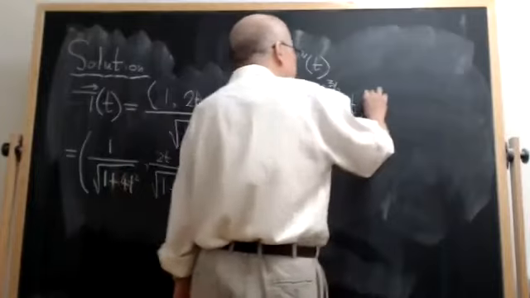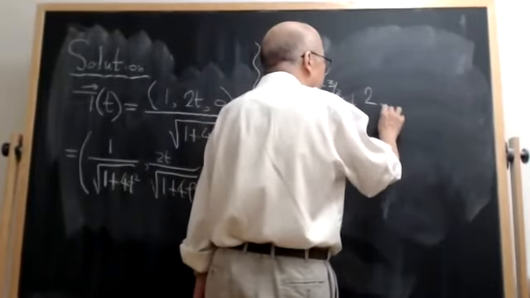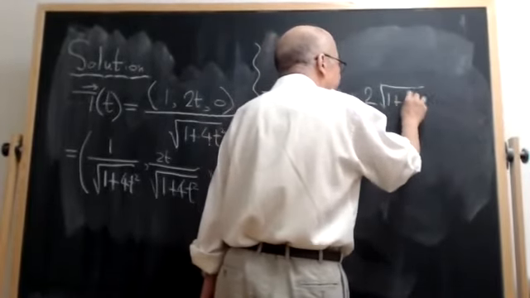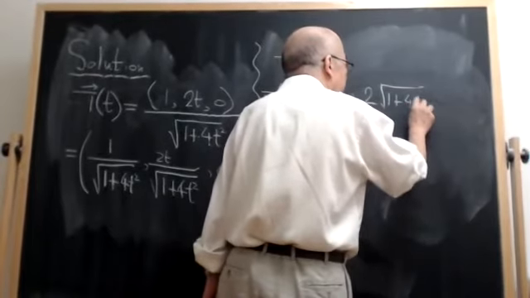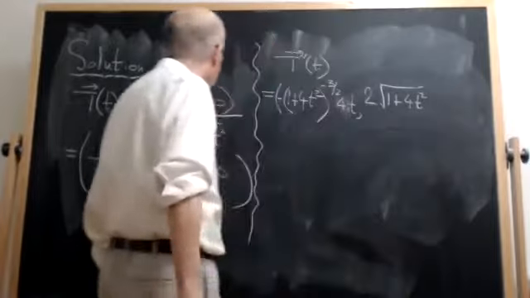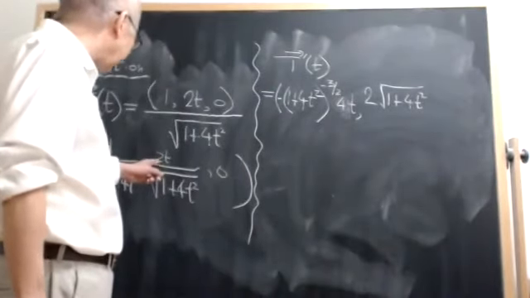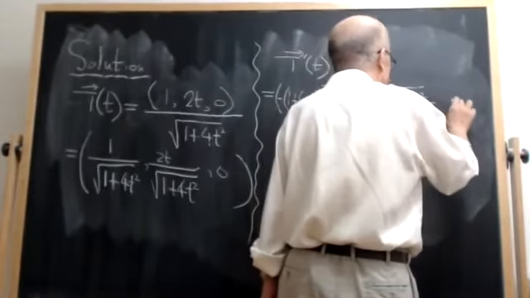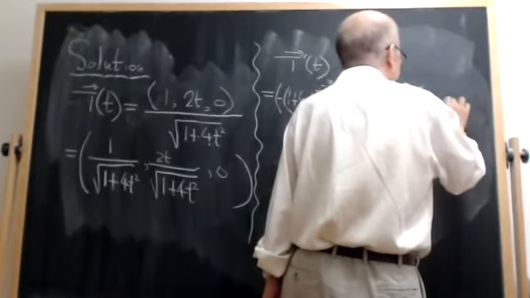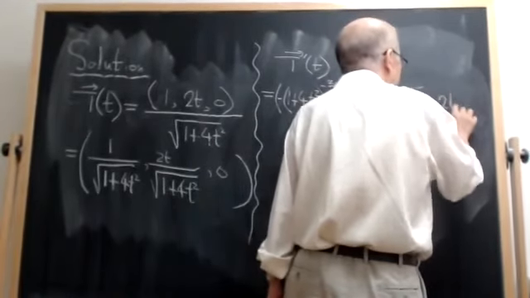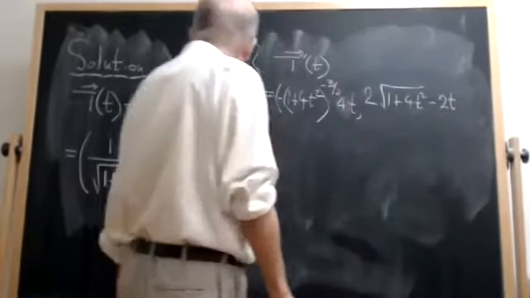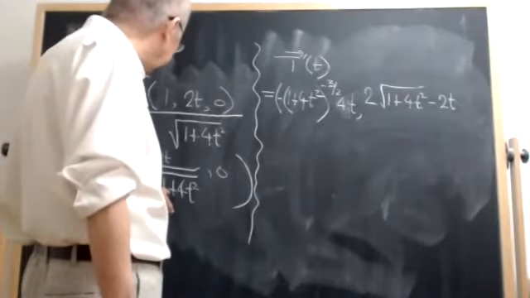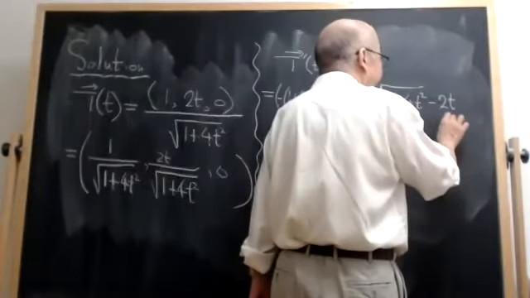So I have 2 times the square root of 1 plus 4t squared, minus 2t times the derivative of this one, which is 1/2.